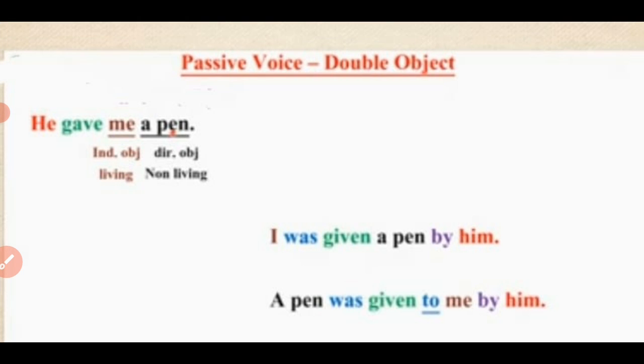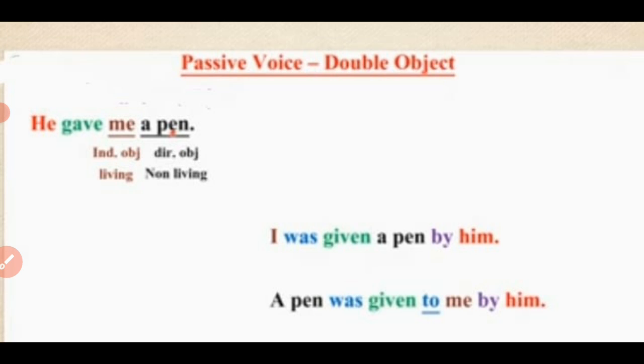Now, let us see the ditransitive verbs. On page number 97, you have ditransitive verbs. It means when there are two objects, double objects, that is called a ditransitive verb. Let us take the example, he gave me a pen.